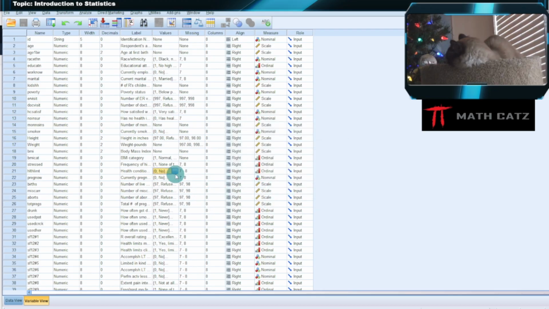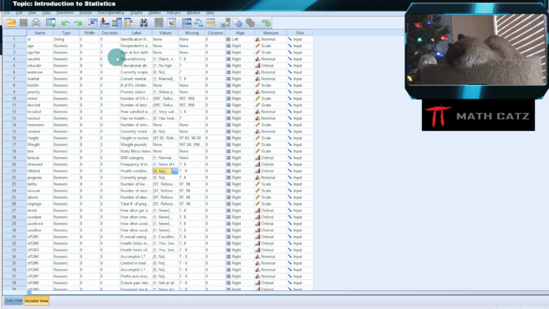So we want to test if the health issues that limited the woman's general day-to-day comings and goings, limited them from working, etc., are independent of the BMI categories.